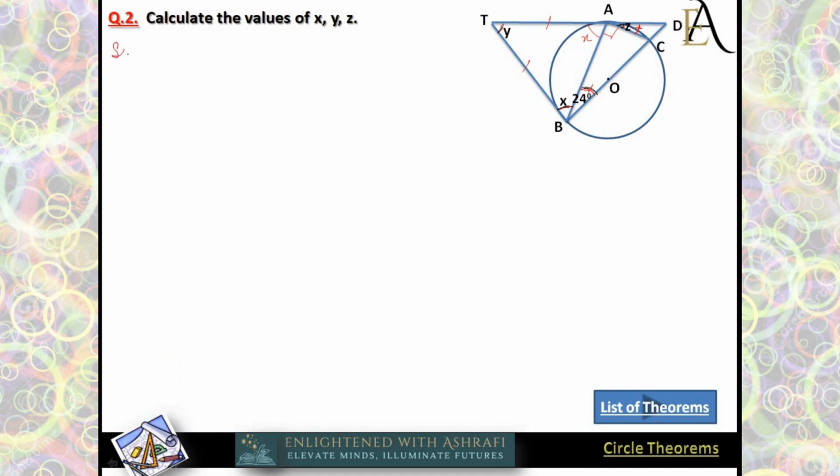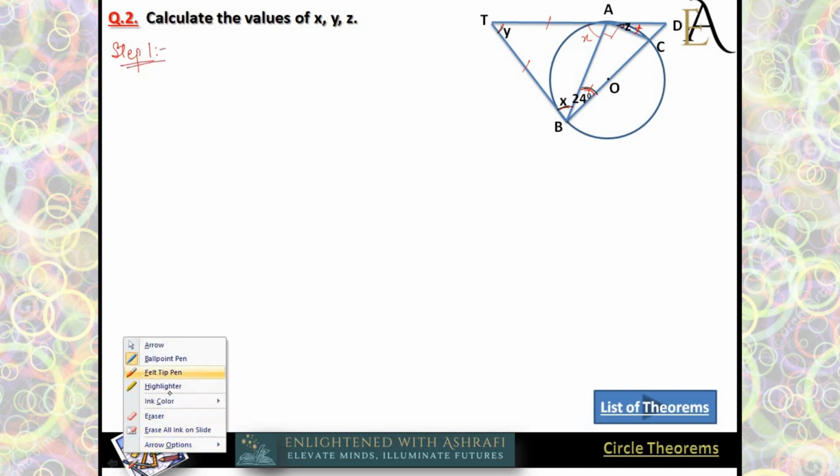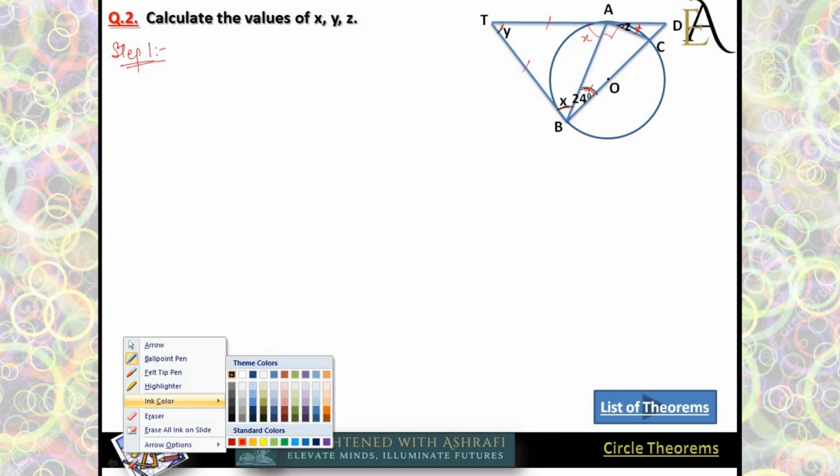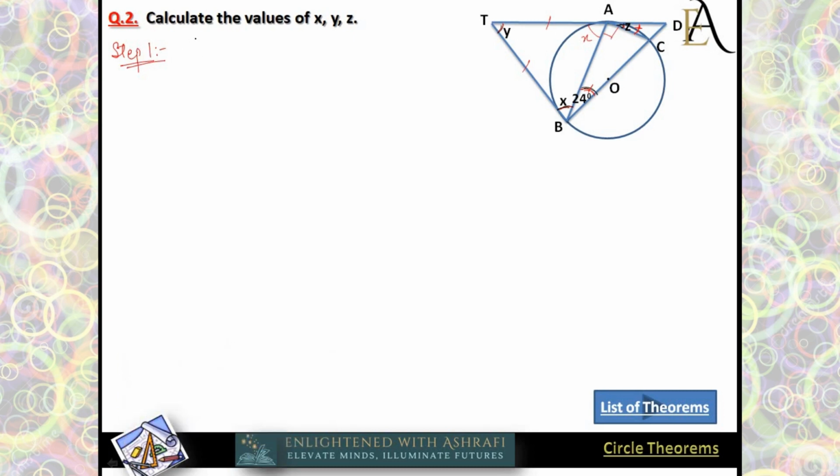Step 1: angle DAC is equal to angle ABC, which is equal to 24 degrees. So that is equal to Z.